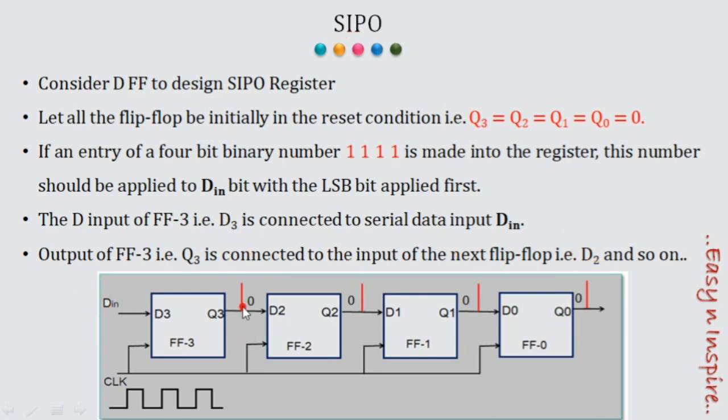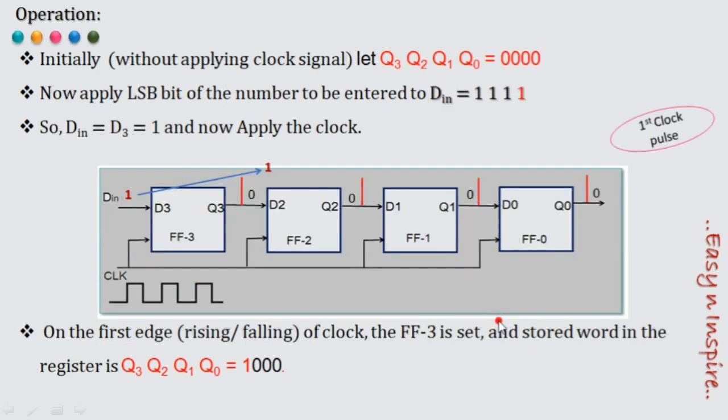Initially, all the outputs are zeros because no data is given here and no clock pulse is applied. Now the first clock pulse. So initially, all the outputs are 0, 0, 0, 0. Don't consider this one, I'll explain it later.